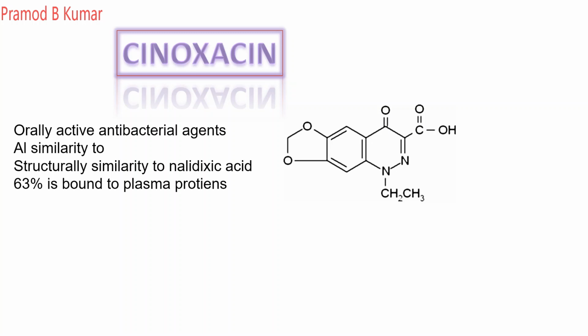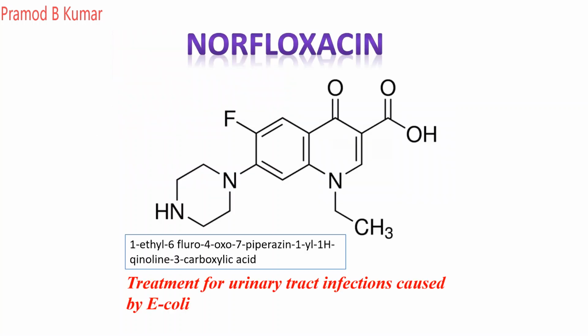Remember the structure. The only structural difference is that it contains an extra nitrogen at the second position, and a dioxolane ring at the sixth and the seventh position. That is the structure of Cinoxacin.